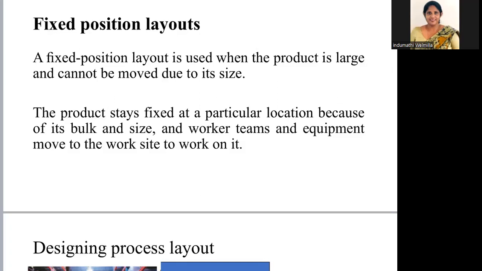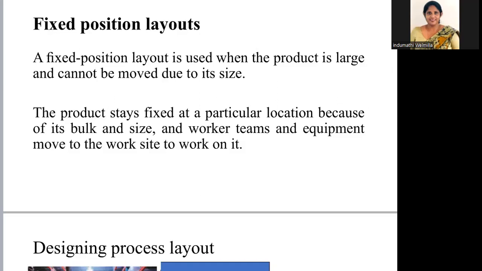Building construction is a good example. Dam or bridge construction, shipbuilding, and manufacturing large aircraft are other examples. The challenge with the fixed position layout is scheduling different work crews and jobs and managing the project, right?